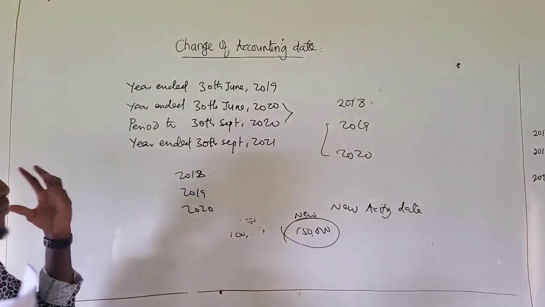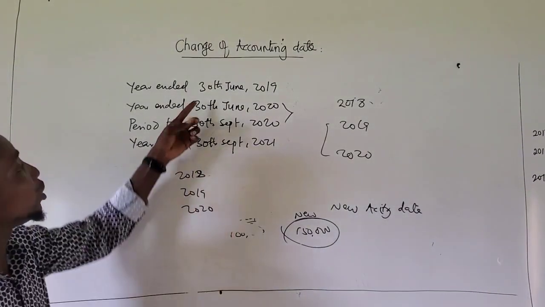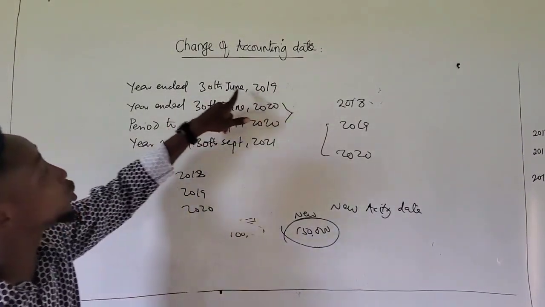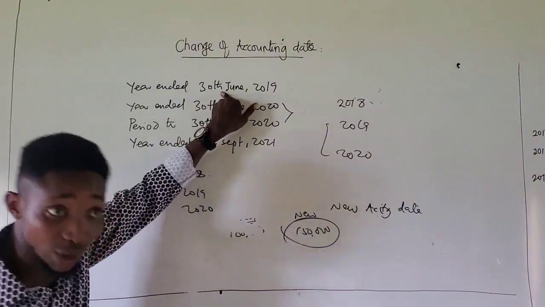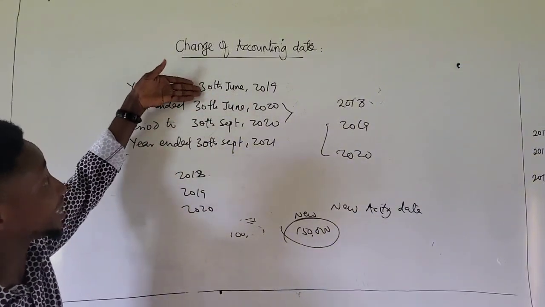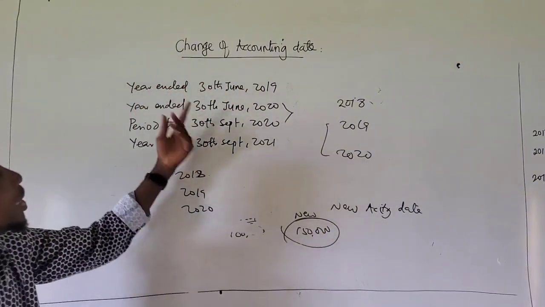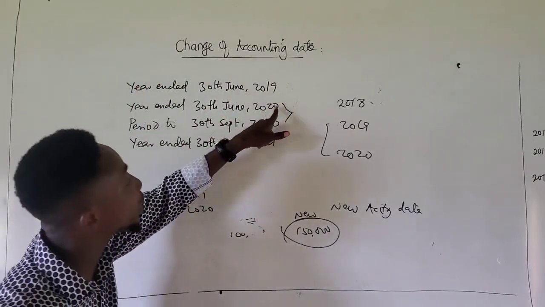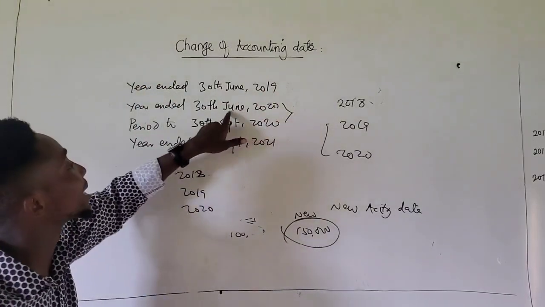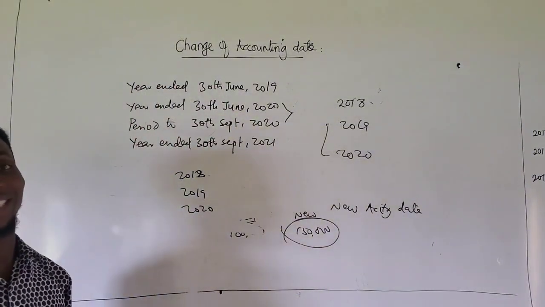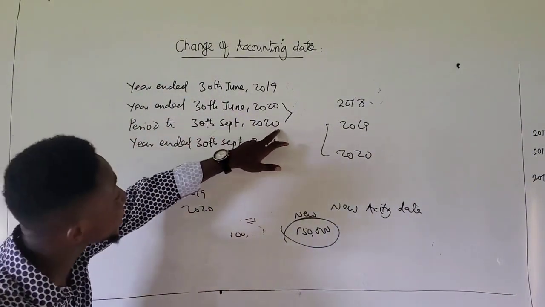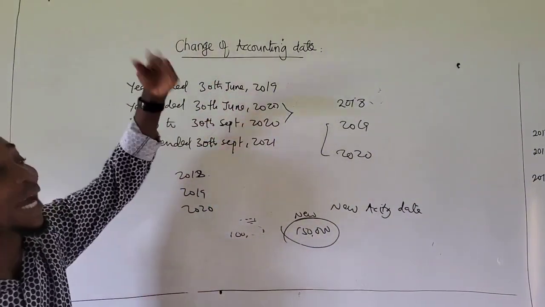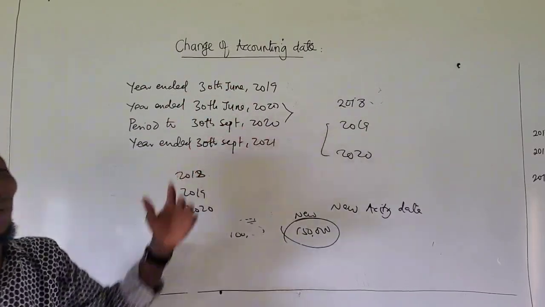Now, without even having to stress my mind, in 2019, did they use the old accounting date? Yes, it was the old accounting date they normally use before they changed. In 2020, did they use the old accounting date? Yes. Now, they also brought the new accounting date in 2020, but that does not concern us.